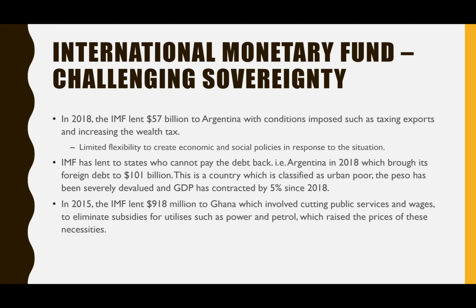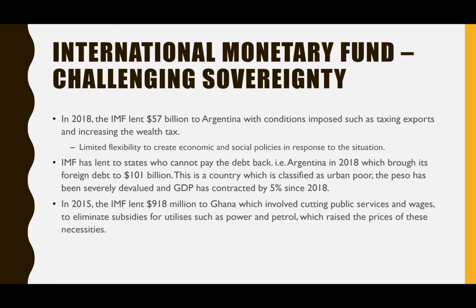In terms of how that actually challenged Argentina's sovereignty, well, it meant that Argentina had limited flexibility to create their own economic and social policies. They had to follow what the IMF had told them and had to follow the conditions that were given to them. So that does challenge the ability of Argentina to make their own rules and make their own decisions in this area.